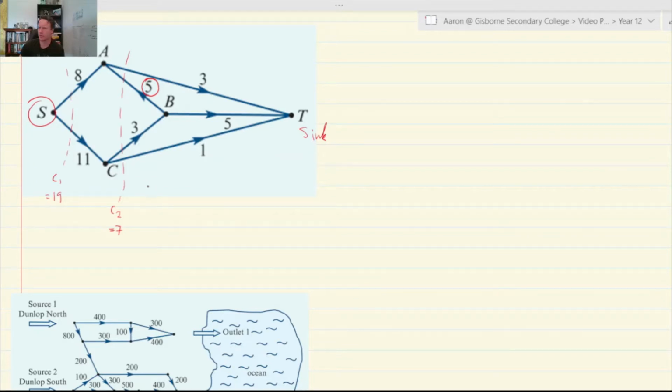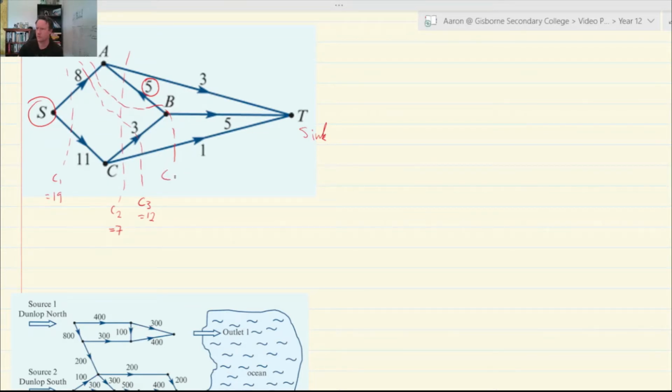Then I'll do another one. I can see one up here. That might be cut 3, and cut 3 is 1, 3, 4, and 8, so that's 12. I can keep going here. I can go 1 via here, go around there.